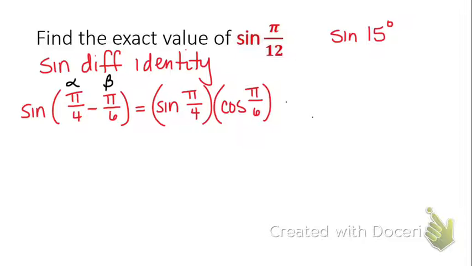And then it says in that identity to subtract the cosine of pi over 6 times the sine, the cosine of pi over 4, because alpha is pi over 4, so let's fix that.